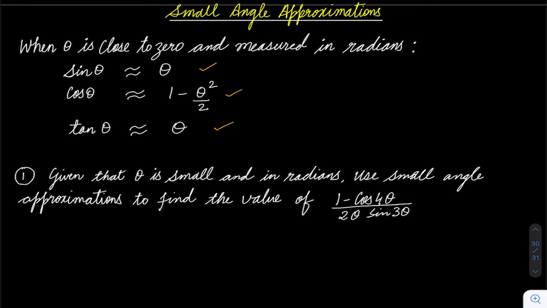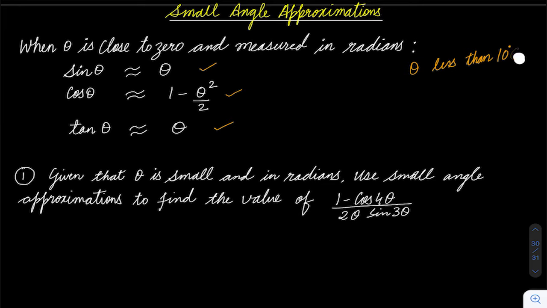Now, it's not in your curriculum to know for what range of values it is true, but I will just give you an idea. Generally it is true for theta less than 10 degrees. It holds very well. And if it's less than 5 degrees, then it's a very good approximation.